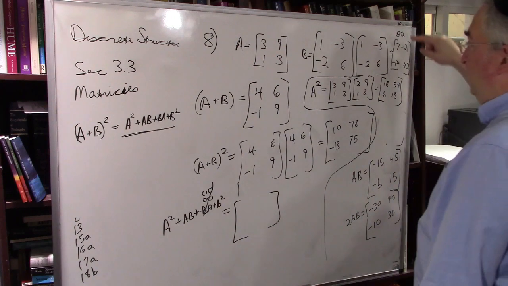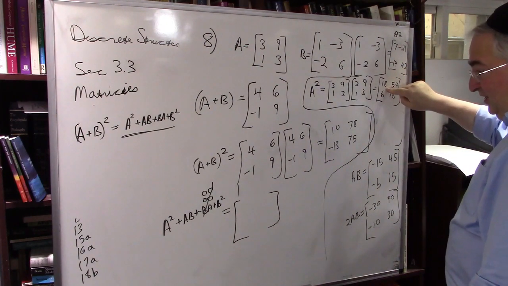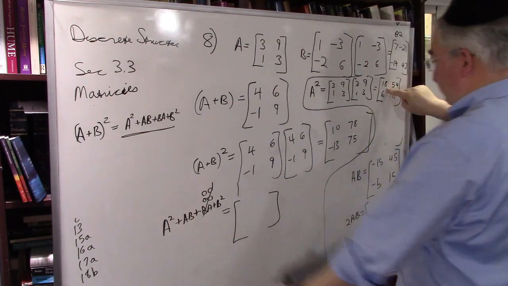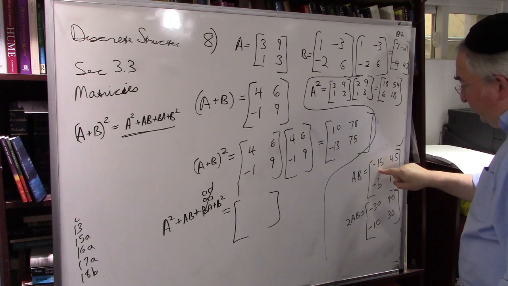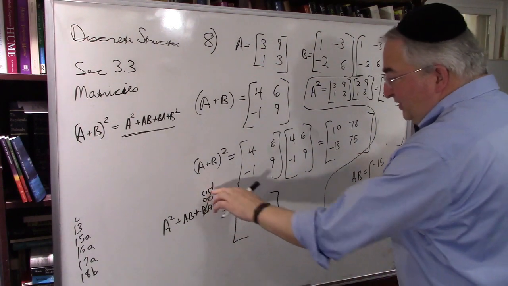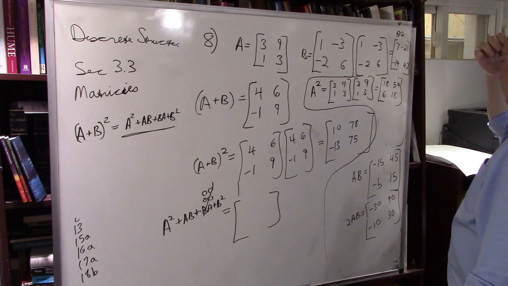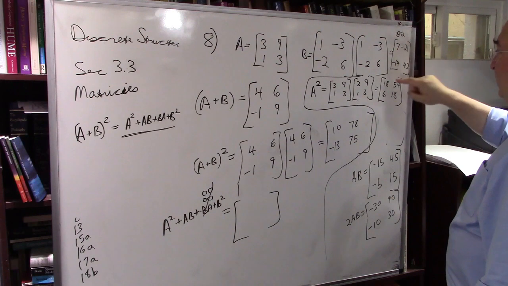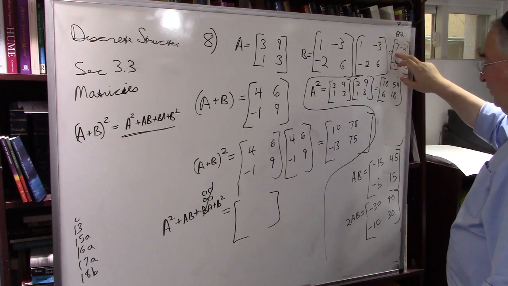A squared is here, 18 plus AB, that's here, 18 plus minus 15 is 3, plus BA is 0, B squared is 7. I messed up already. Let's do that. 18 plus minus 15 is 3, plus 7 is 10.